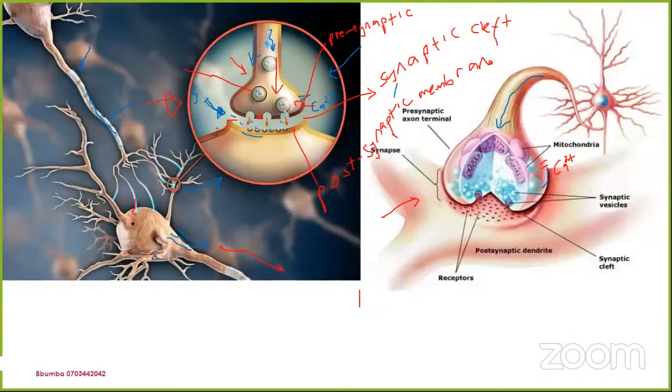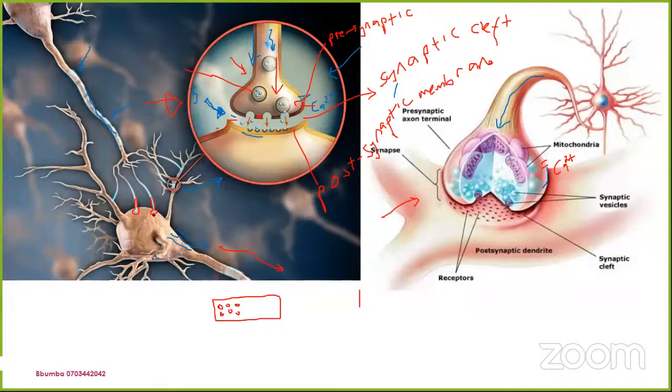A knob is like, if you have a remote at home, and that remote has those buttons, those buttons you can call knobs. Those swellings on the remote control are knobs. So at the end of this synapse, it has those swellings which are called the knob.